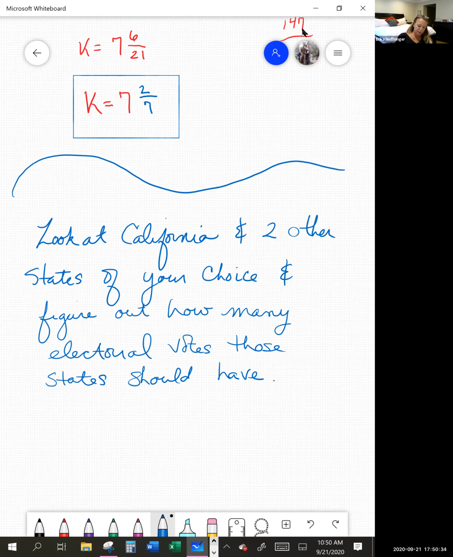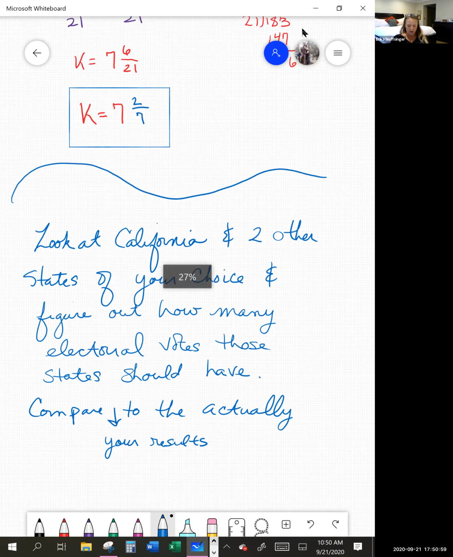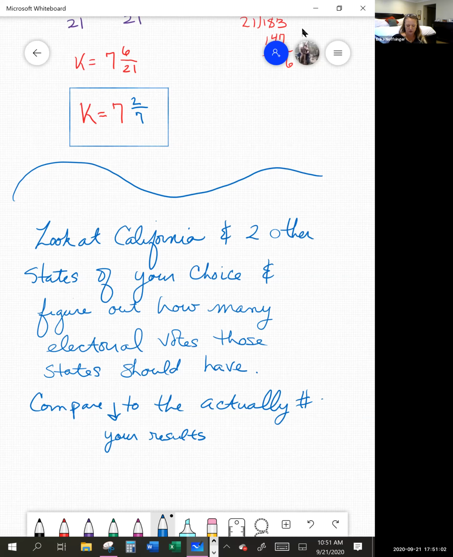And then compare to the actual. Once you figure that out, then go back and look at what they actually have. So compare your results to the actual number of electoral votes.